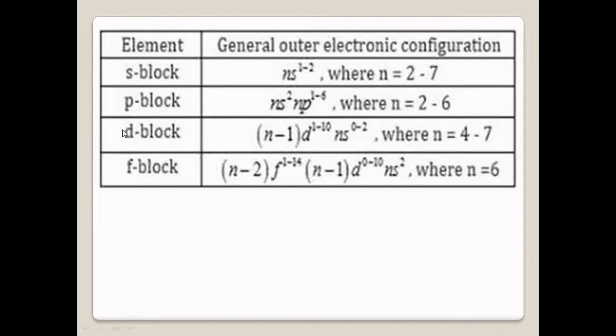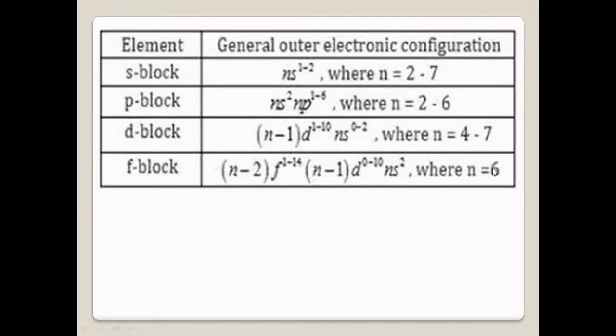For D block elements, the outer electronic configuration is (n-1)d 1 to 10 ns 0 to 2, where n is equal to 4 to 7. For F block elements, it is (n-2)f 1 to 14 (n-1)d 0 to 10 ns2, where n is equal to 6.